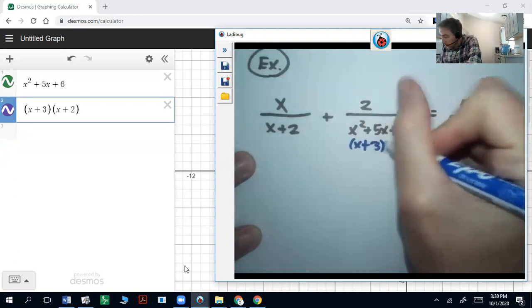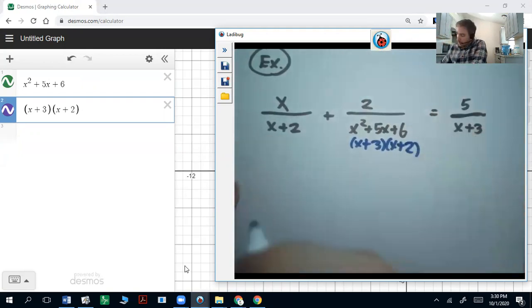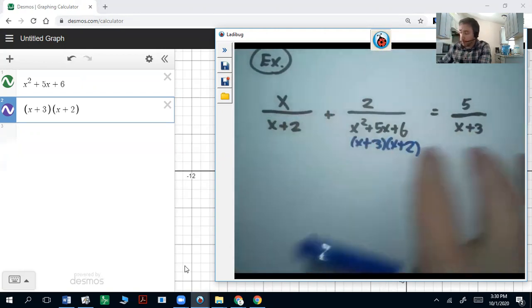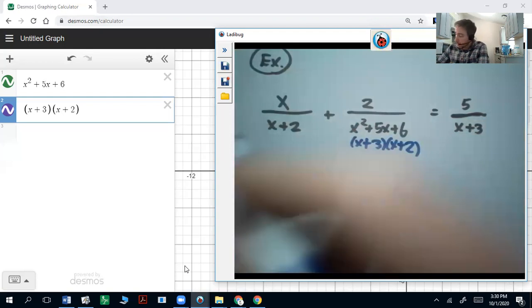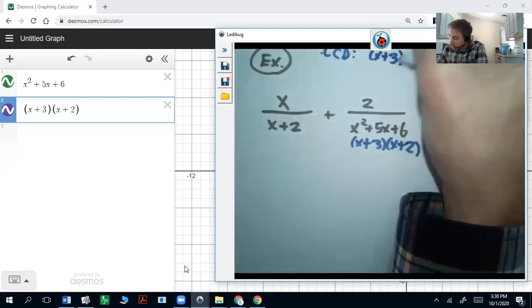And what do you notice? Well, we have the same exact factors here. So what I want to do is get my equation written as a line without the fraction bars. So I am going to pull up my LCD, which is x plus 3, x plus 2.